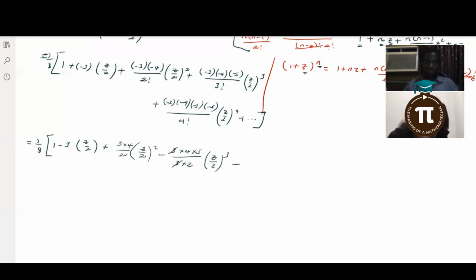Then the next one will be a plus: 3 times 4 times 5 times 6 divided by 4 times 3 times 2, times (z/2)^4, and it goes on like that. You will notice that 4 cancels 4, 3 cancels 3. Now what do you notice?